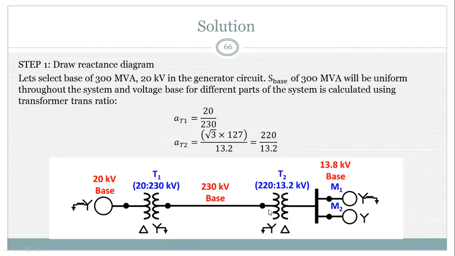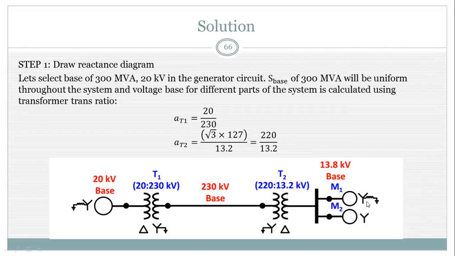For transformer T2, the primary portion is Y grounded, so there should be an impedance connected to the ground, and the secondary is an open circuit. After this there are two motors. M2 has only a zero sequence impedance, and it is not connected to the ground because the neutral of motor M2 is not grounded.